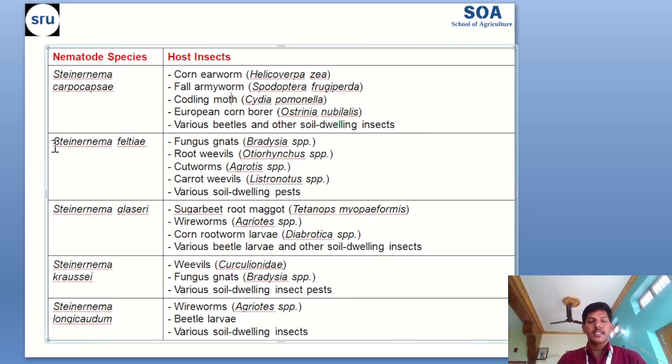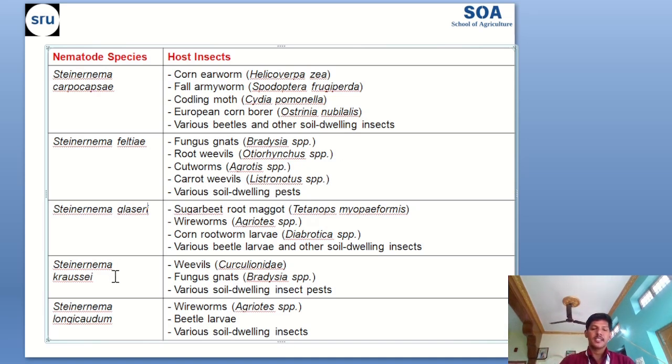Next species is Steinernema feltiae, which is effective against fungus gnat, root weevil, cutworms, carrot weevils, and various soil-dwelling pests. Next species is Steinernema glaseri. It is effective against sugar beet root maggot, wireworms, corn rootworm larvae, various beetle larvae, and other soil-dwelling insects.